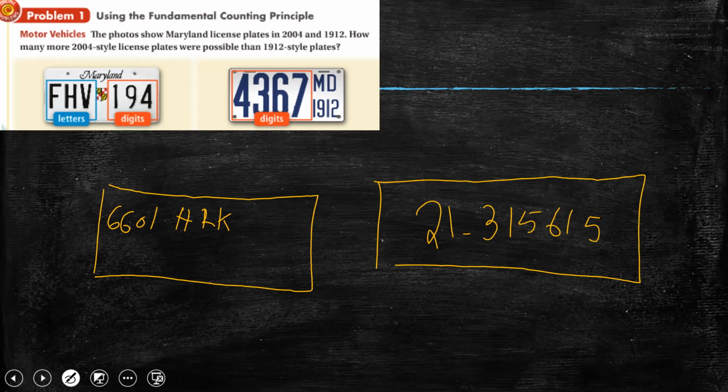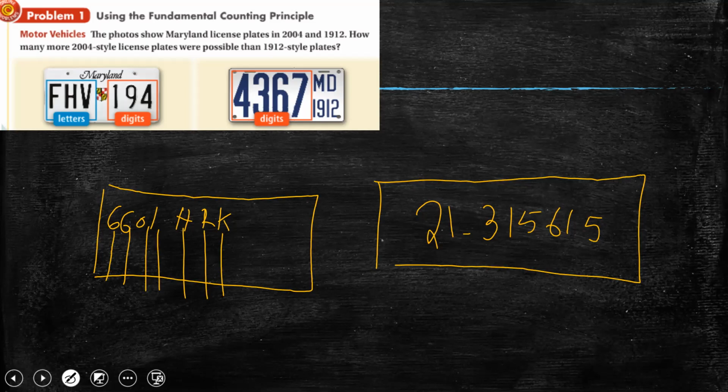Let's see. Look at the first one here. To count how many ways I can write the first one, I have to multiply. Let's start one by one. If I want to choose the number 6, how many ways do I have for the numbers? How many choices? We have 0, 1, 2, 3, 4, 5, 6, 7, 8, 9.